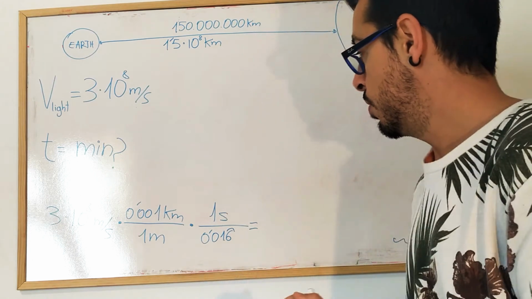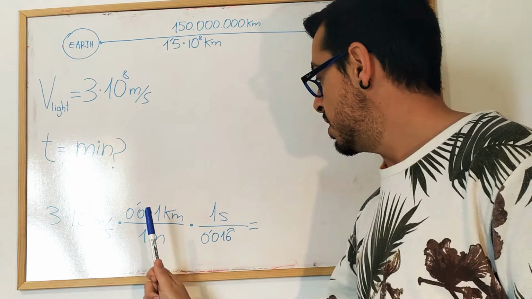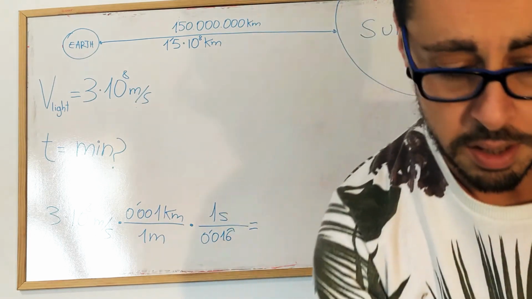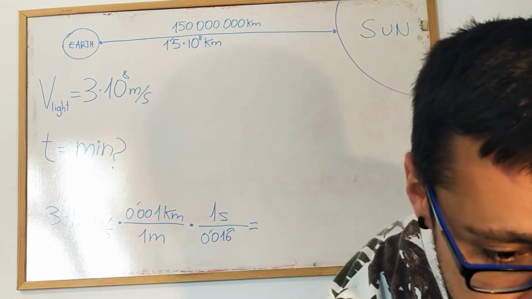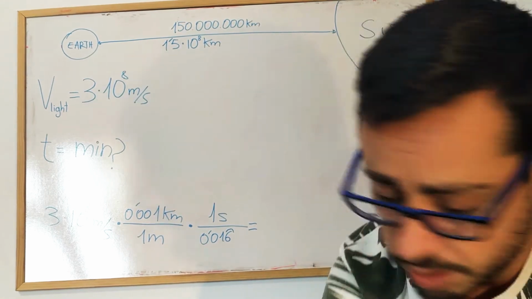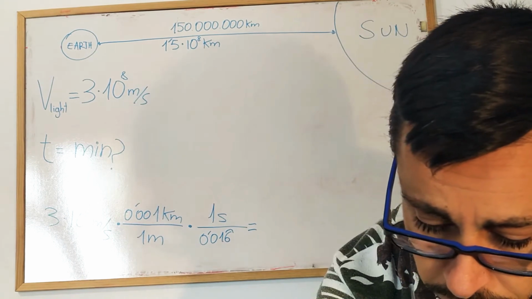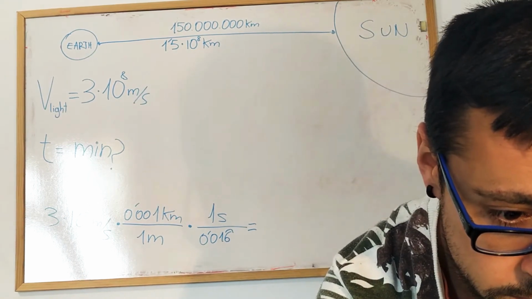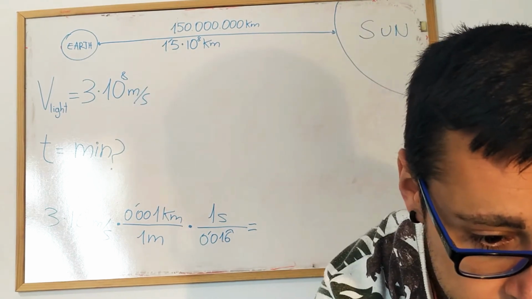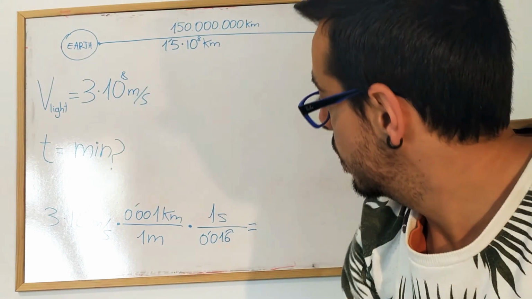So now we multiply this times this and we divide it by this. So it is going to be something like, I'm going to do it, divided by, times 0.